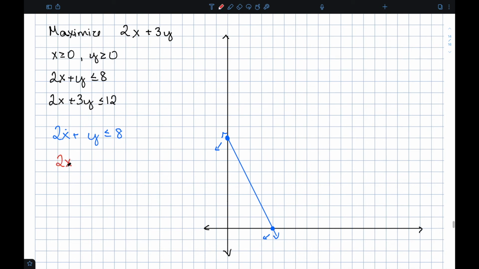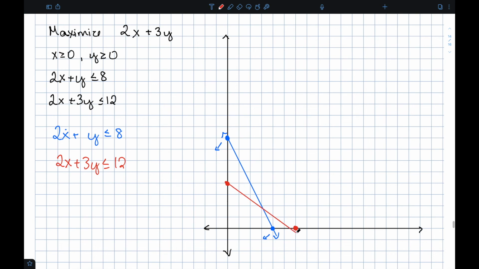My next line, 2x plus 3y less than or equal to 12. If I let y be equal to 0, I have 2x equal to 12, or x is equal to 6. If I let x be equal to 0, I have 3y equal to 12, or y is equal to 4.